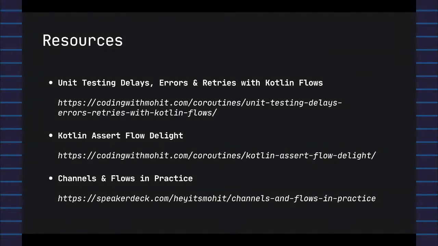So if on the client side you make an RPC call like list places, it returns a flow. In my tests, I could utilize this library and write more fluent testing assertions for my view model. I also wrote and gave more presentations on how channels and flows work, and you could check that out if you want to learn about more use cases for channels and flows.